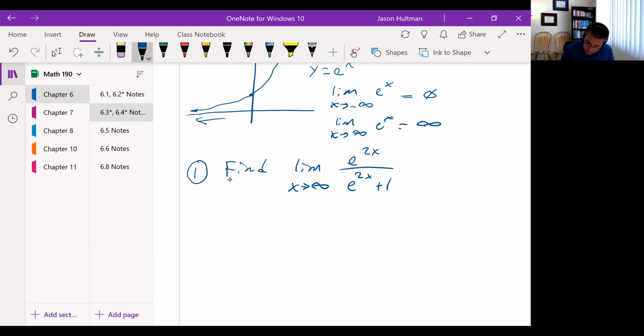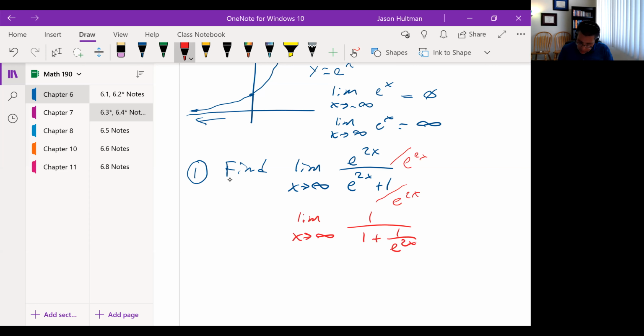What I'm going to do is divide both top and bottom by e to the 2x. That gives me the limit as x goes to infinity of 1 over 1 plus 1 over e to the 2x.